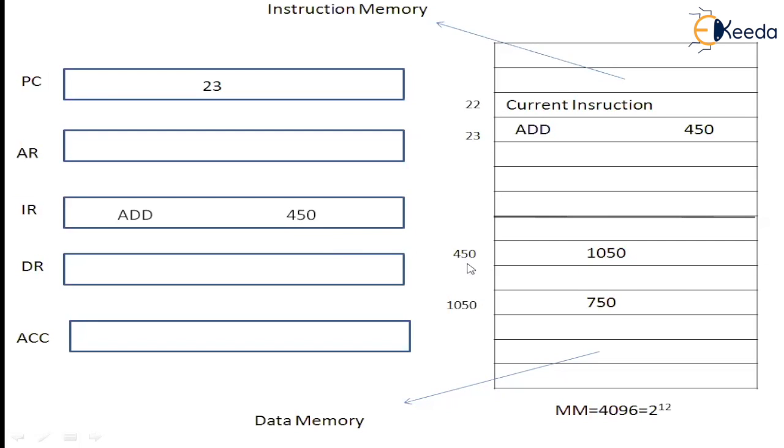So now you can understand the instruction register will provide you the opcode and the address of an operand. Did you get it? The opcode part is going to specify the operation that needs to be performed. The operand part is going to specify the address of the operand in which the actual operand is available.